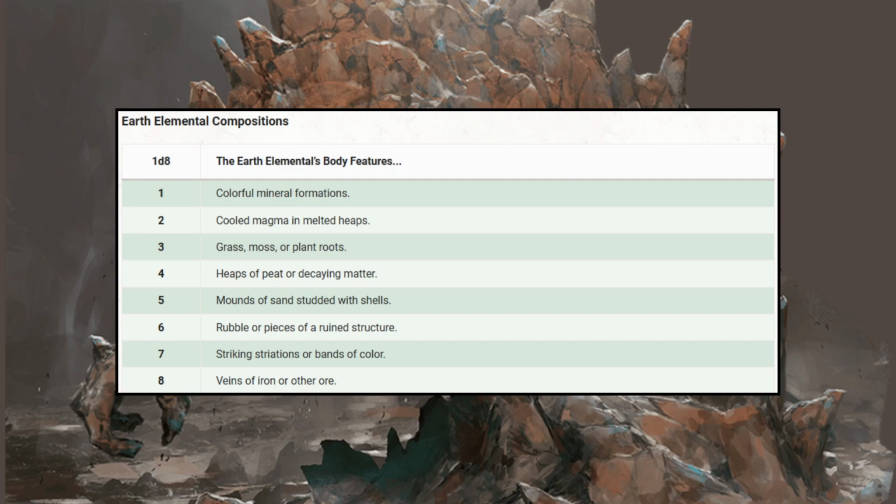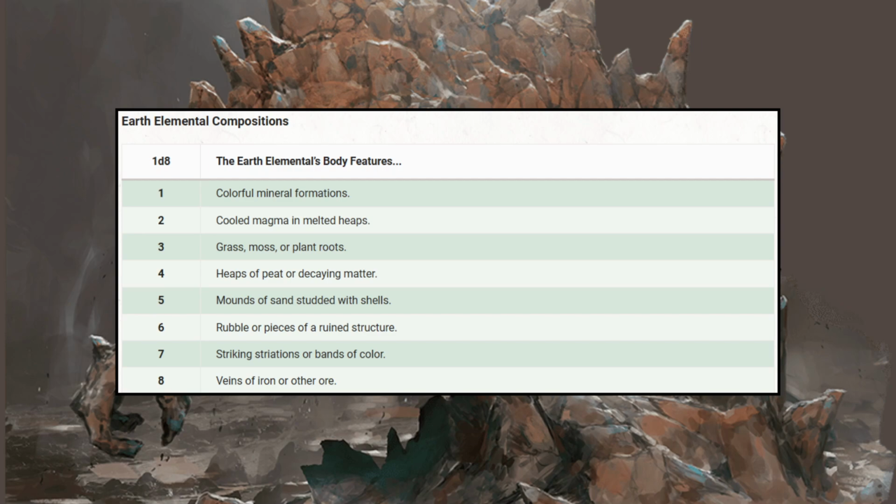And these options are colorful mineral formations, cooled magma and melted heaps, grass, moss, or plant roots, heaps of peat or decaying matter, mounds of sand studded with shells, rubble or pieces of a ruined structure, striking striations or bands of color, and veins of iron or other ore.